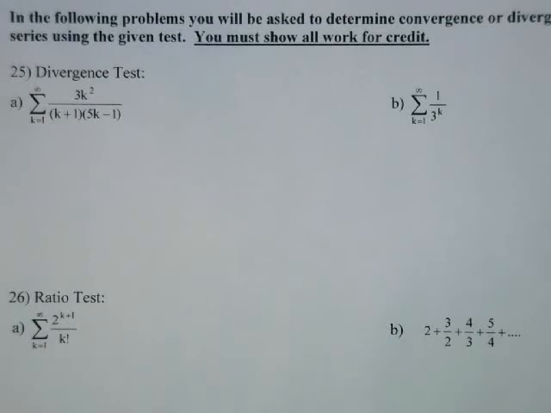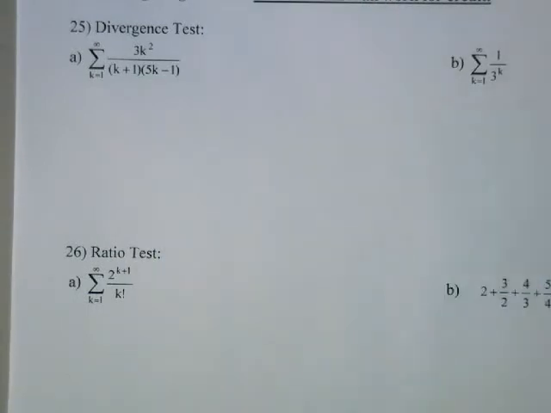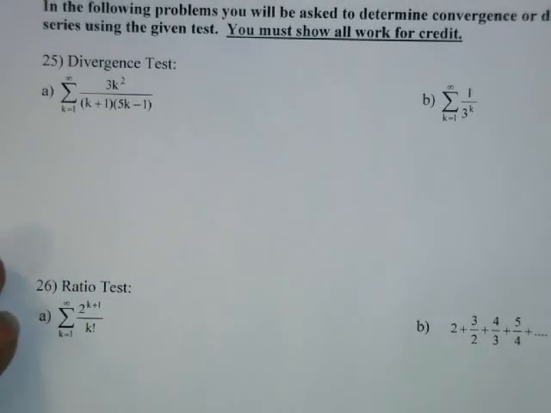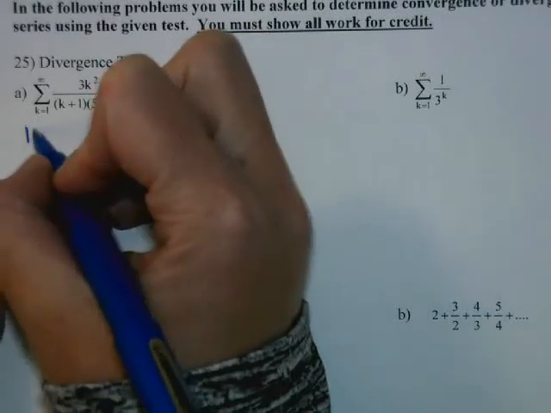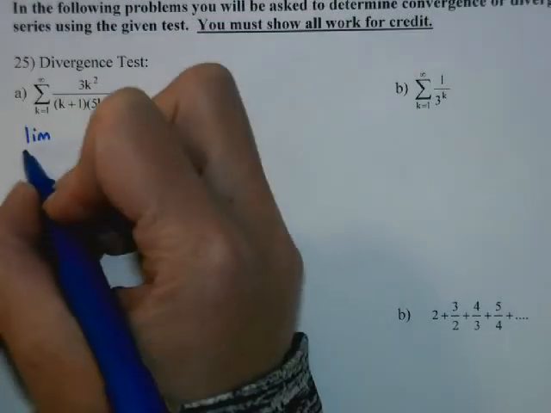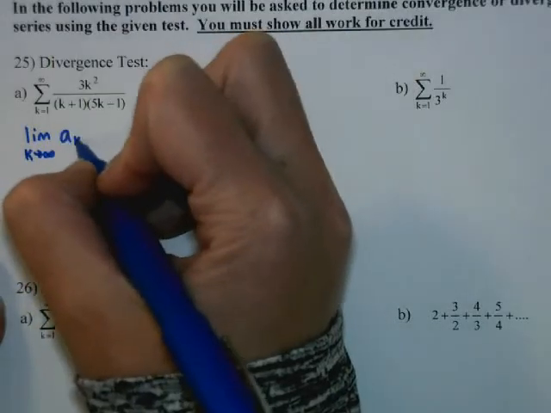Okay, finally, we have some tests for convergence, and this is how it's going to look on your test. You're going to be told which to use. You just need to know how to use it and then what conclusion you can make. So the divergence test, or the nth term test, you are looking at the limit of the nth term, or in this case the kth term. So I want to write that down.